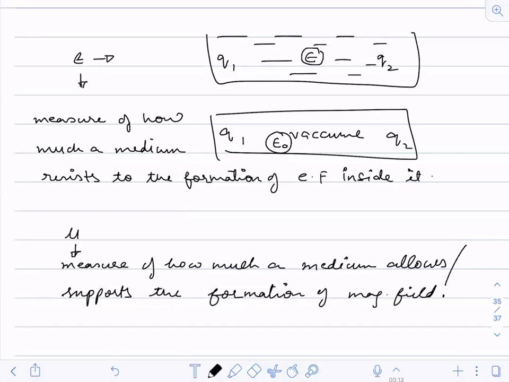But mu gives the measure of how much the medium supports the formation of the magnetic field. And the G value is constant, so it is not doing anything with the medium. I hope this is very clear to all of you. Is there a doubt now between epsilon and mu value?